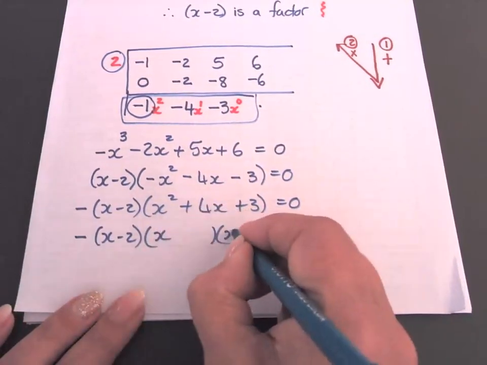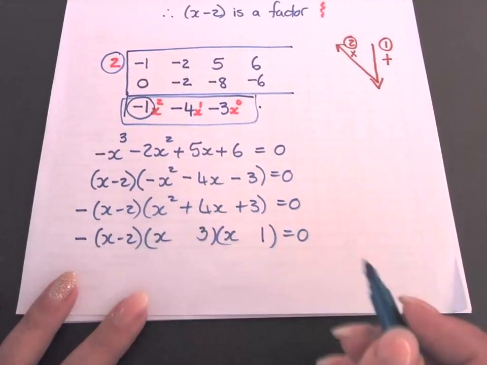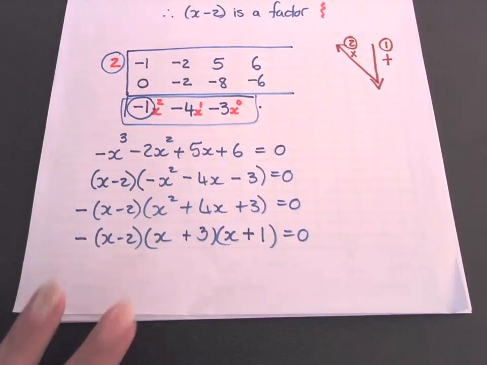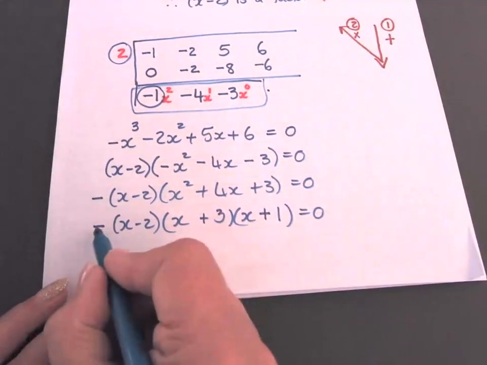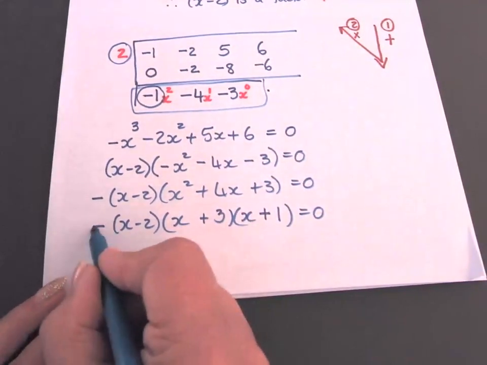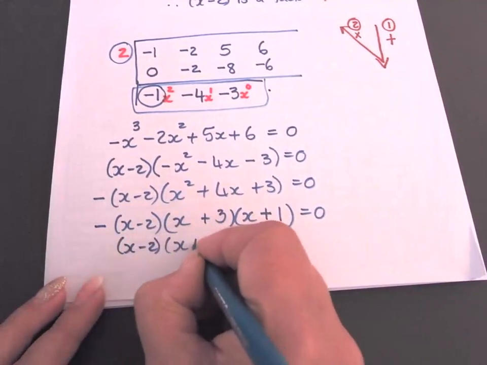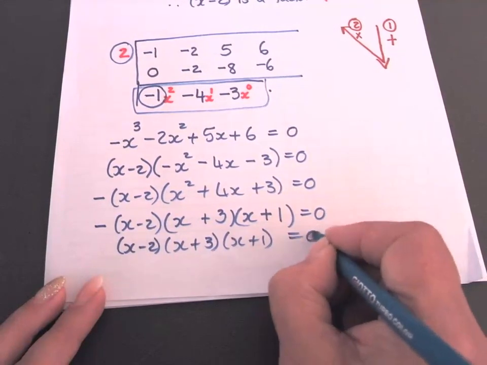Will be x times x, 3 times 1. I need to get plus 4, so it's plus 3x plus 1. We need to solve x, so I'm going to divide with a 0, minus 1 here, and then we get x minus 2, x plus 3, x plus 1 equals 0.